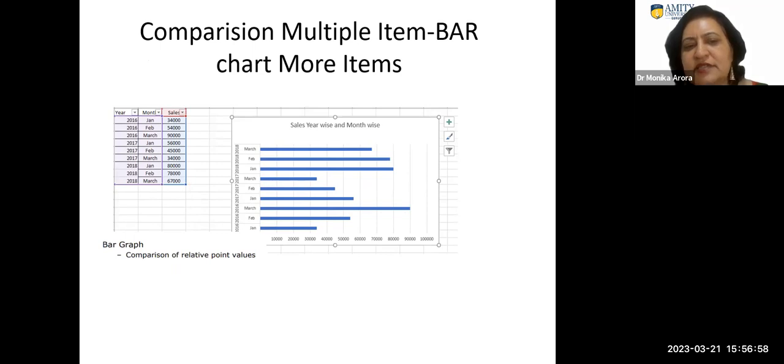There are 3 data sets, January, February, March, then 2017 again 3, and so on. In the bar and the column chart, you can have a relative comparison for the 3, and if you change the sequence of the year and the month, then you get, say for January, all the 3 years. So it is just a flow of data, how it is being done. If you want to have it from January for all the 3 years, then it can be done that way also.